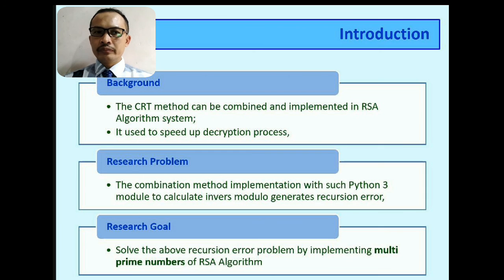In implementing the combination method with the Python 3 programming language, we use a small module to calculate an inverse modulo of some prime numbers, but for some sizes of prime numbers in bits, we get a problem.